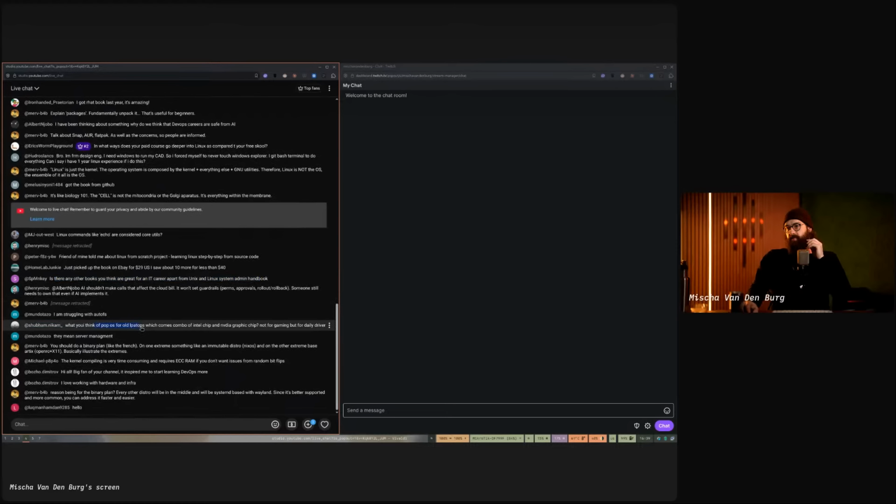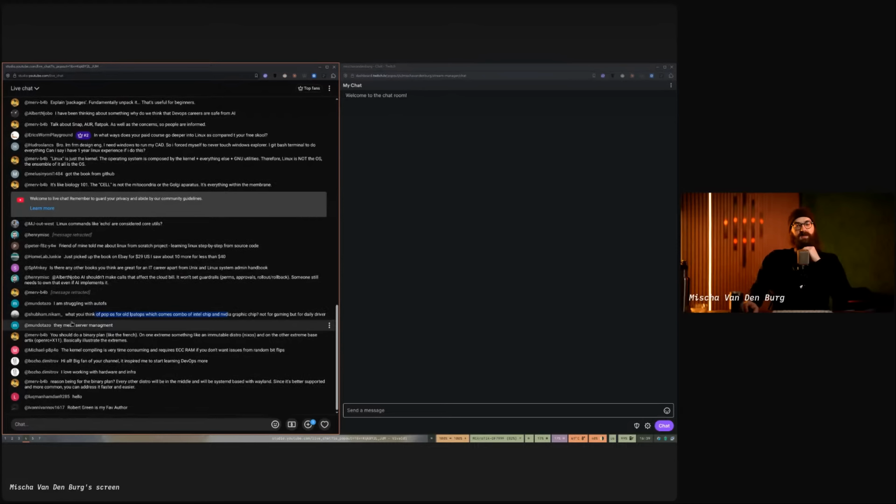What do you think of Pop OS for old laptops? Yeah, Pop OS, if it's your first rodeo with Linux, go for it. Just try it out. If you go deeper, I think Pop OS is a little bit bloated. It's better to do a server distribution if you're not using it as your main workstation.